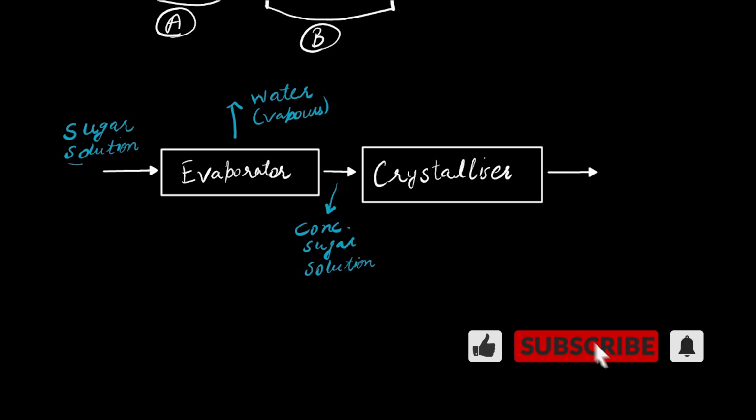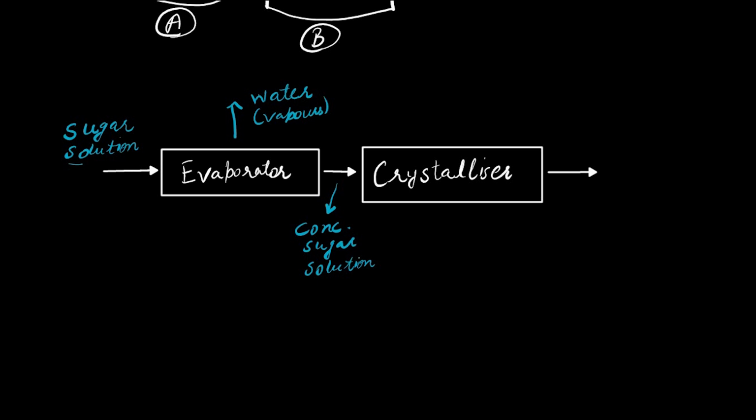Now this concentrated sugar solution goes into the crystallizer, and I'm not going to tell you in depth about the crystallizer or evaporator. You just need to know the basics for the sake of this video. In a crystallizer, the sugar molecules become definite. They come into existence, or you can also say that they are crystallized.